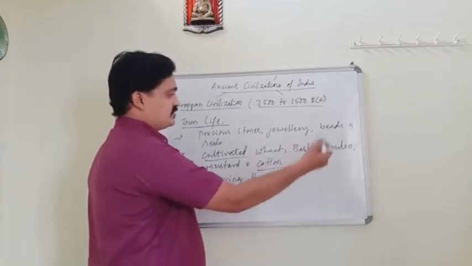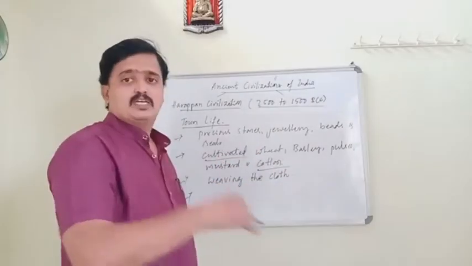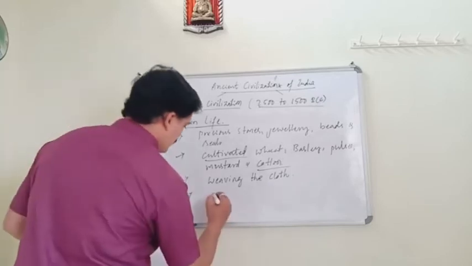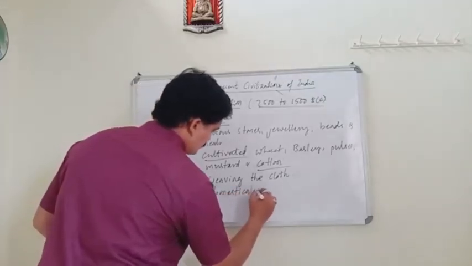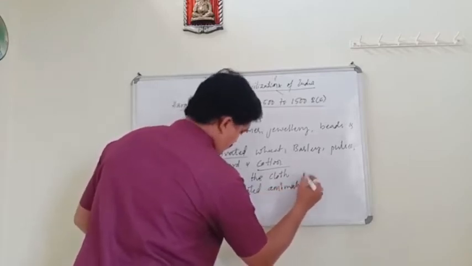With the cultivation of wheat, barley and pulses, they also domesticated animals.